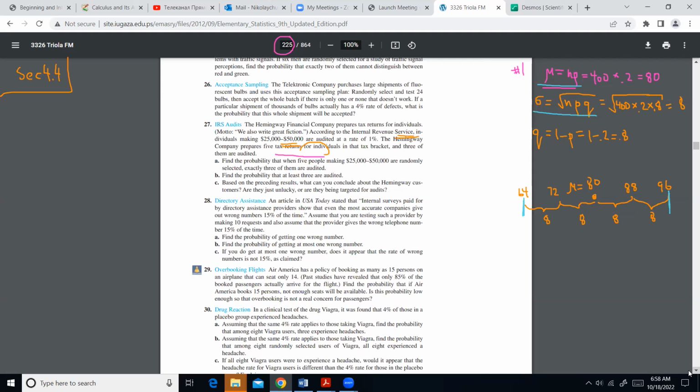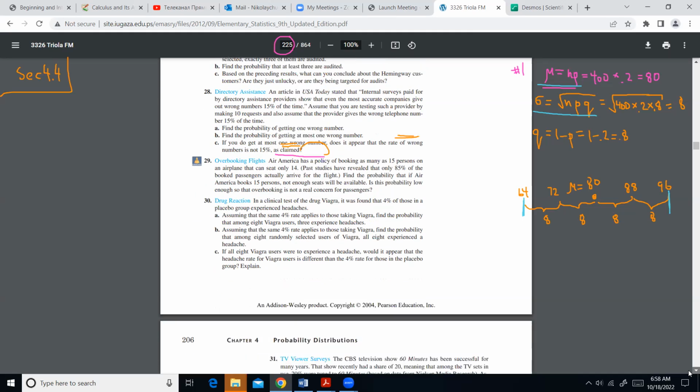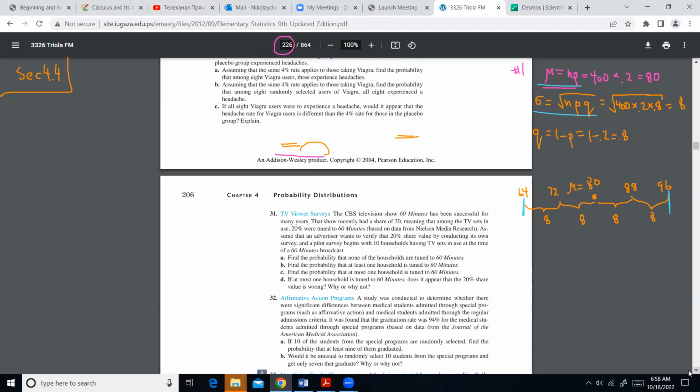So let me try one of the exercises from your homework. Let's say exercise number 31. In this exercise 31, the odd numbered problem wants us to deal with a TV show.